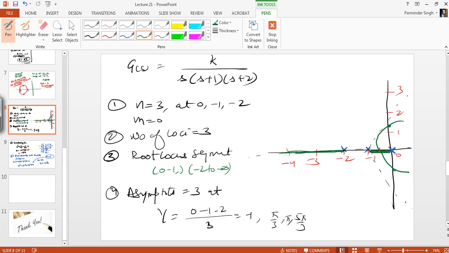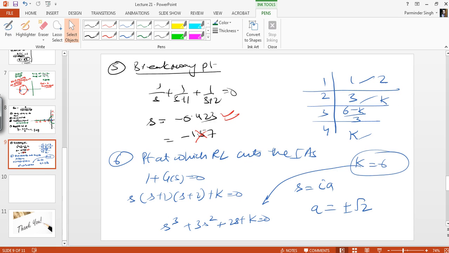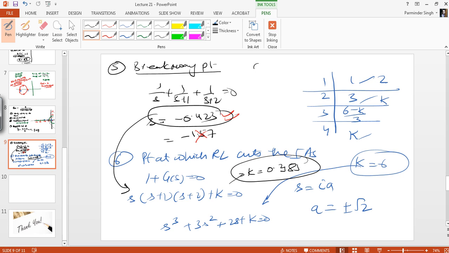Now the maximum value of k is 6. For the least value, we put s equal to this value over here, s equal to minus 0.42 in this equation, and calculate k, which comes out to be 0.385. So for the system to be stable, 0.385 is less than or equal to k is less than or equal to 6.